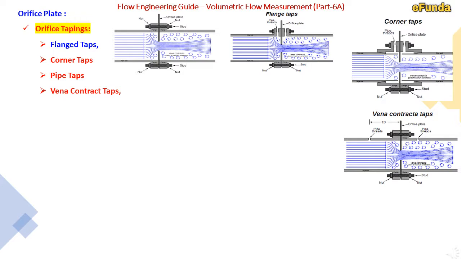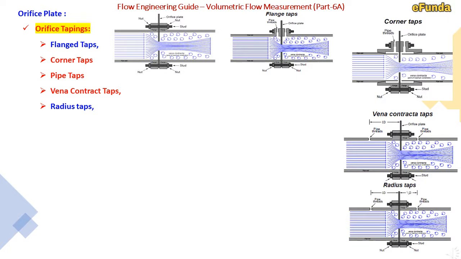These taps are located 1 pipe diameter upstream of the orifice plate and at the vena contracta on the downstream side of the orifice plate. Generally not recommended when a variety of orifice bore sizes are required to meet flow requirements. Radius taps are located 1 pipe D upstream of the orifice plate and half pi D downstream of the orifice plate.